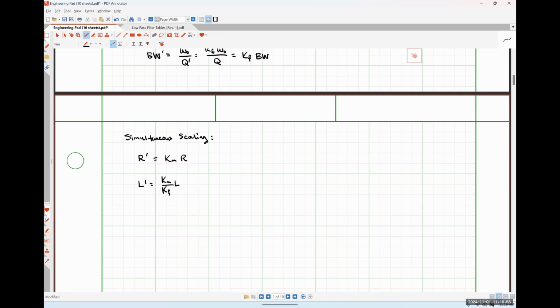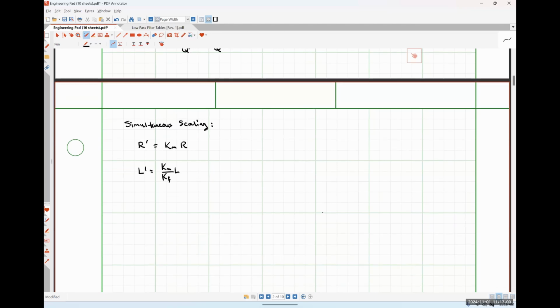So this is just going to look like K_m over K_F times L. And then lastly, for our capacitance, we had C over K_m for our magnitude scaling and C over K_F for our frequency scaling. So when we have both scalings going on for capacitance, it's just C divided by K_m times K_F.